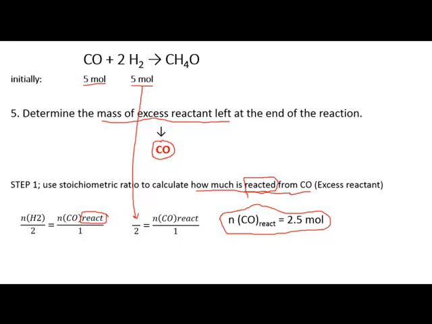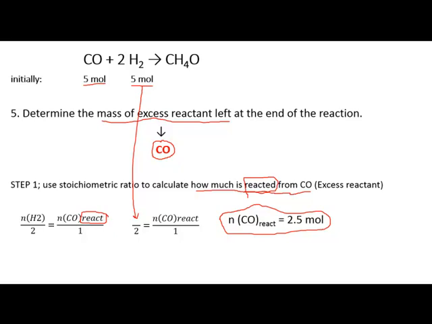So the first step is to calculate the number of mole of carbon monoxide that is reacted by using the stoichiometric ratio in reference to the limiting reactant. We substitute the initial mole quantity of hydrogen. By calculation, it is 2.5 mole of carbon monoxide that is reacted or consumed.